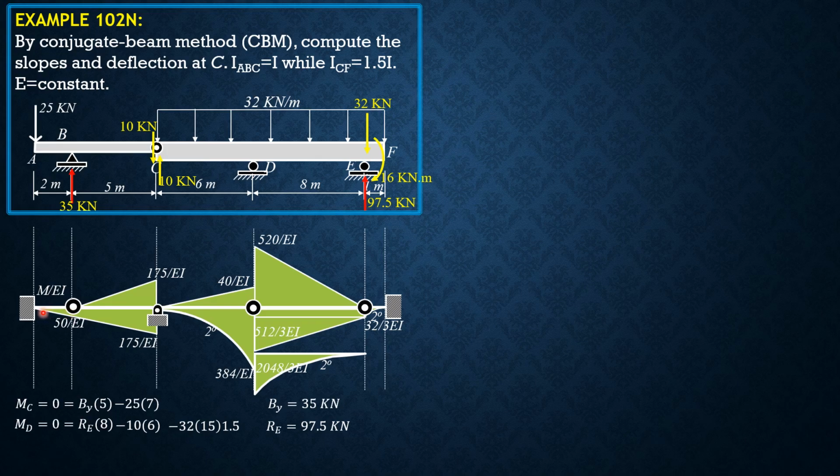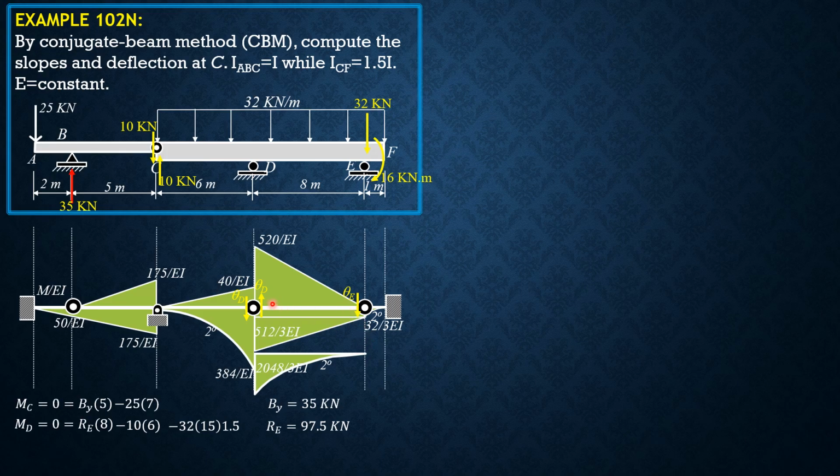If we look at the conjugate beam, portion DE is the only simply supported, and we want theta D first, as shown. This is the positive direction of the slope, as well as at E. So let's just consider DE.